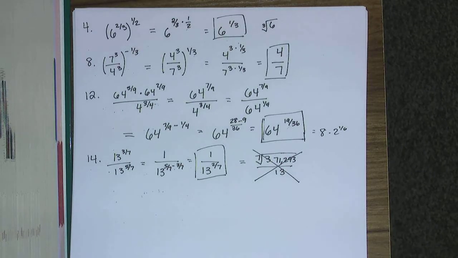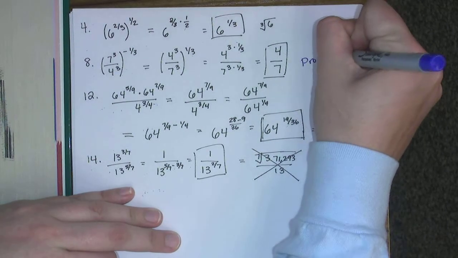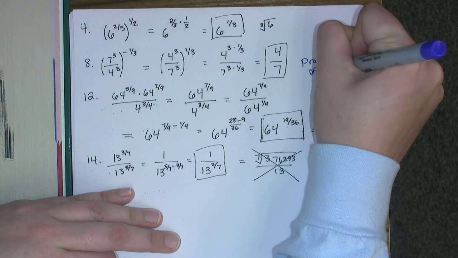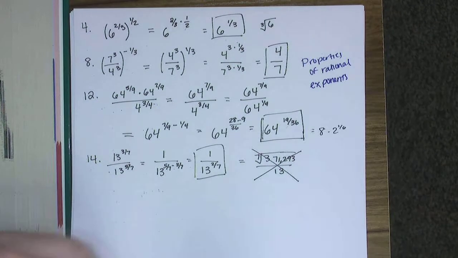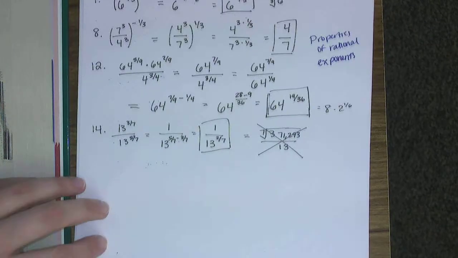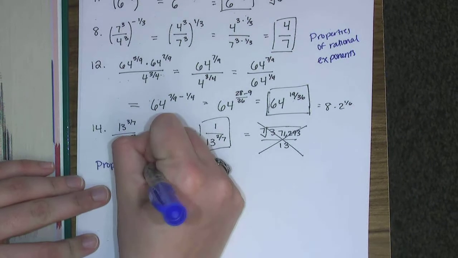Now we're going to be simplifying the expression using the properties of radicals. So these up here were the properties of rational exponents. Down here now we're going to be doing properties of radicals. So these ones, now we're using the second little set of properties that we wrote down.